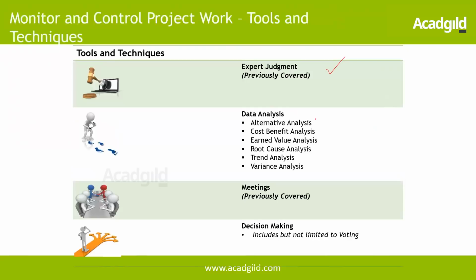The alternative analysis and cost benefit analysis, some of the techniques we saw earlier in integration management, like your NPV and cost benefit method. Then earned value analysis, which we will talk about more in schedule and cost management, where earned value management techniques will be used. Root cause analysis, trend analysis, variance analysis.